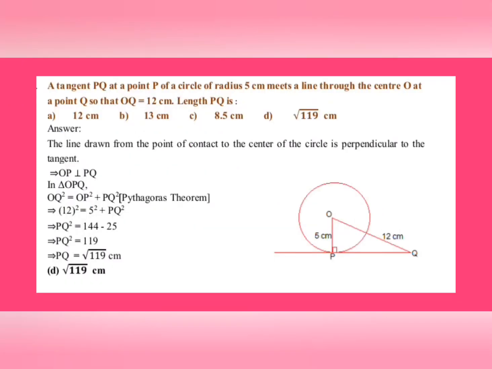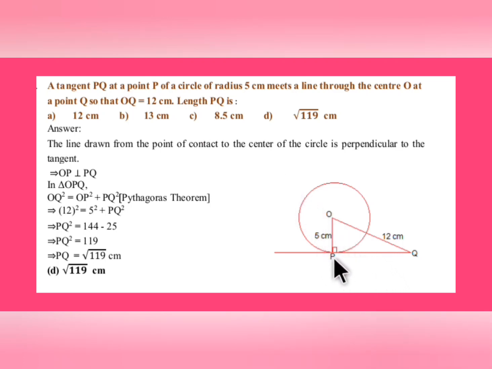Let us check out a few numericals now. A tangent PQ at a point P of a circle of radius 5 cm. You can just draw an imaginary circle, and the tangent PQ at point P of the circle meets a line through the center O at a point Q. So this tangent PQ meets the line through the center O, forming the line OQ, and OQ is given as 12 cm.